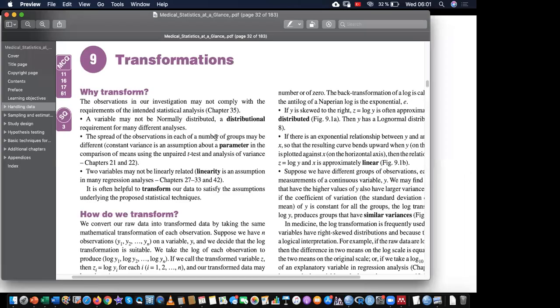Transformation has at least 3 benefits. It is helping to normalize the data. Then it is helping with the spread of the observations, to normalize the variance, equalize the variances, and also it may be useful to help linearizing the variables. So it has 3 benefits.